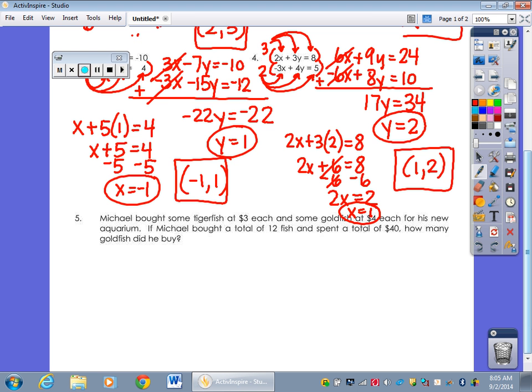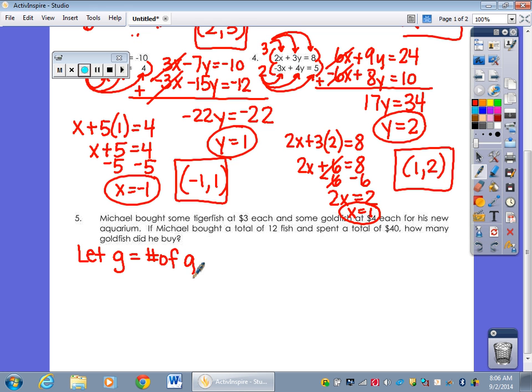So we go to the question, which says how many goldfish did he buy, and so we're going to need to let one of our letters be equal to the number of goldfish. So I'm going to let G be equal to the number of goldfish. Oh, I guess I did want a G there.